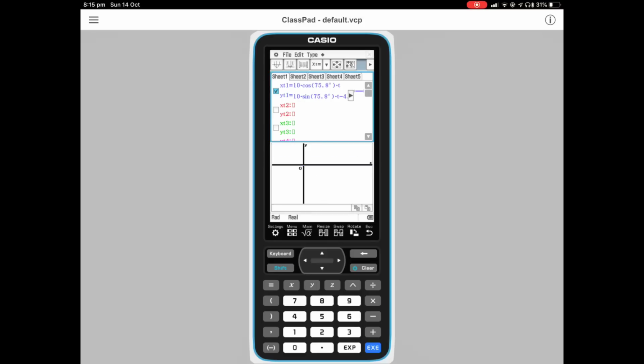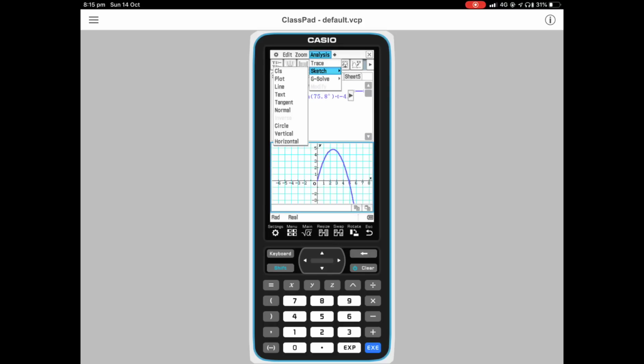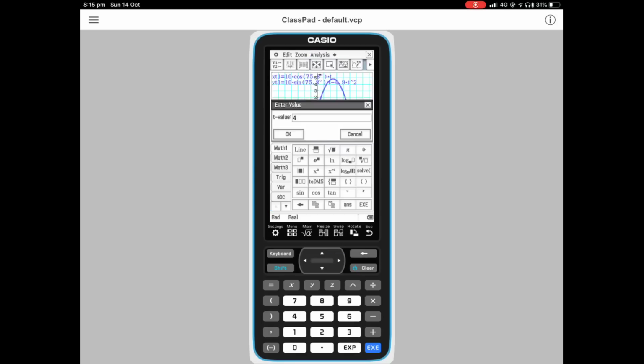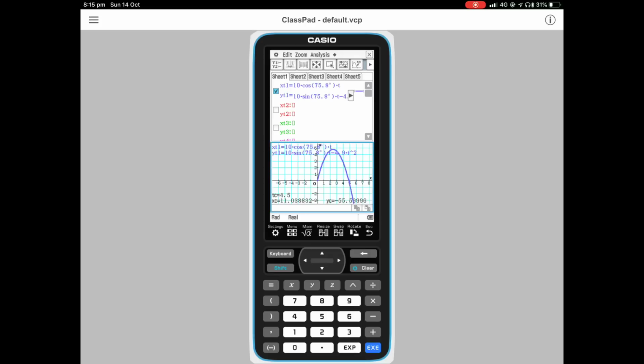So it's supposed to be in radians. Okay. That looks better. So where's the point? 4.5. Trace. T is 4.5. Oh, bloody hell.